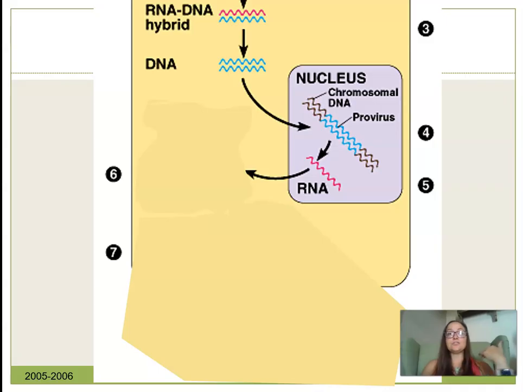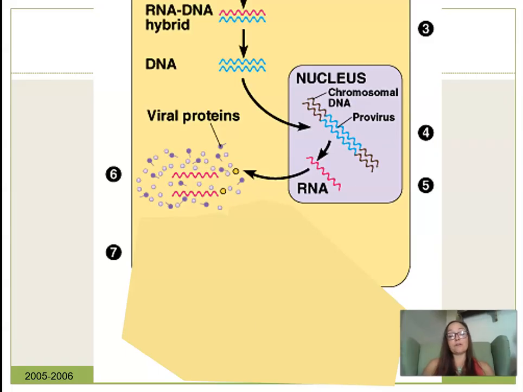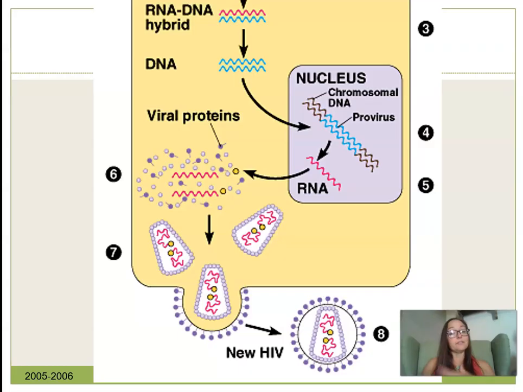And once that gene is inserted, that viral DNA can now go through protein synthesis. So then you'll have transcription where RNA will be produced, and then from that RNA, proteins by the host's ribosomes. And then those HIV viruses will self-assemble and then exit the host cell and go and infect other cells.